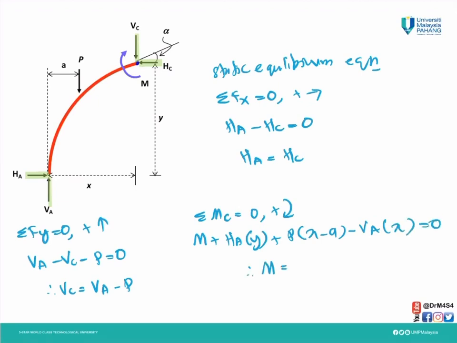Then we have the equation for M: VA X minus HA Y minus P(X minus A). So this is how to solve our problem of a two-pin arch at any point C on our arch.